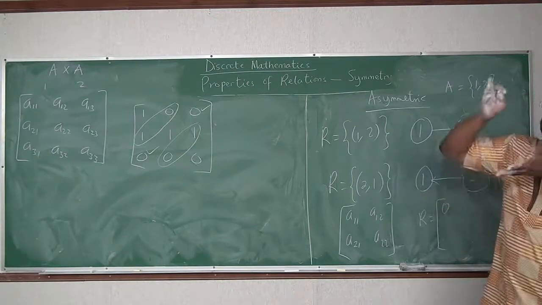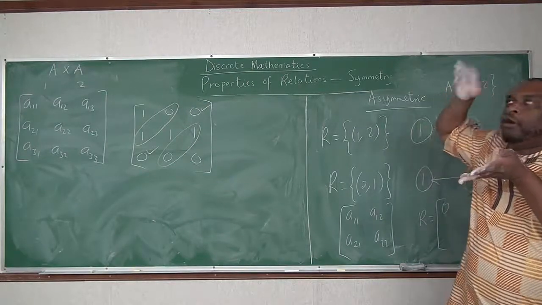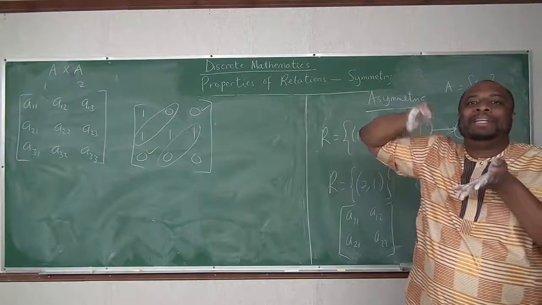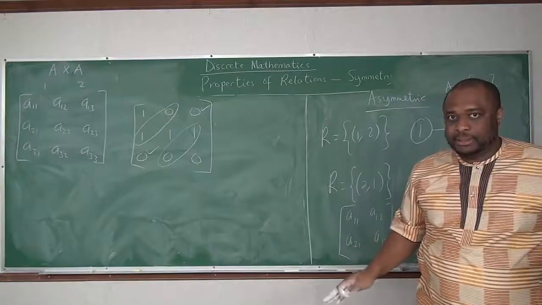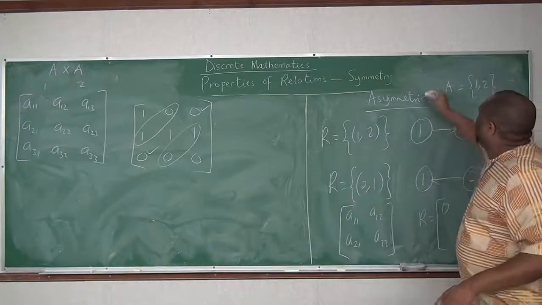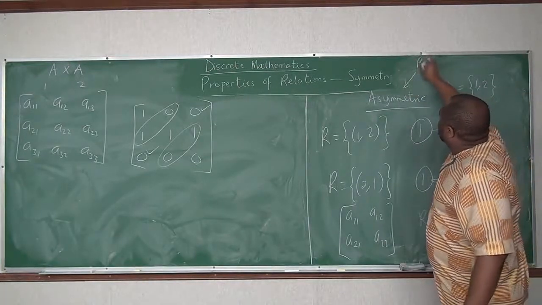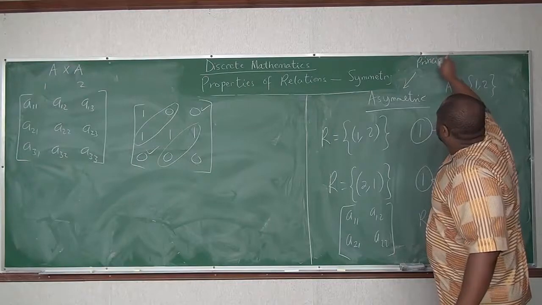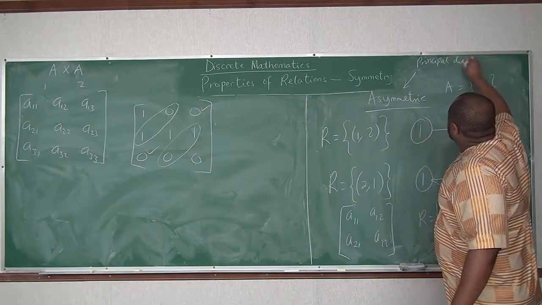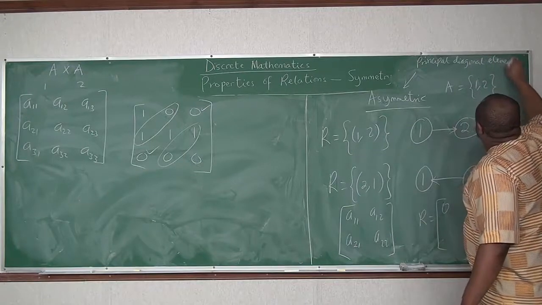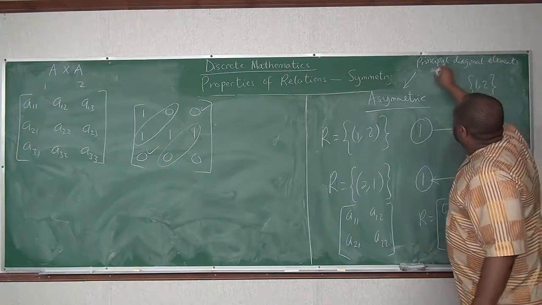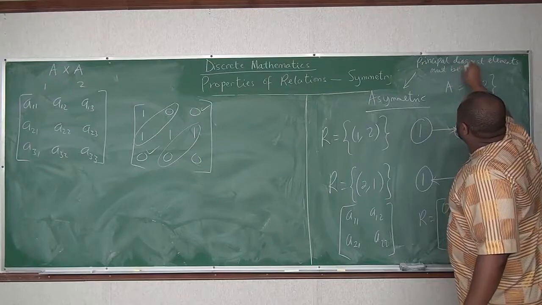The principal diagonal elements for asymmetric must all be zeros. Must. With asymmetric, principal diagonal elements must be zeros. All of them.